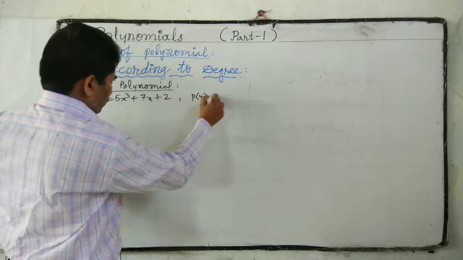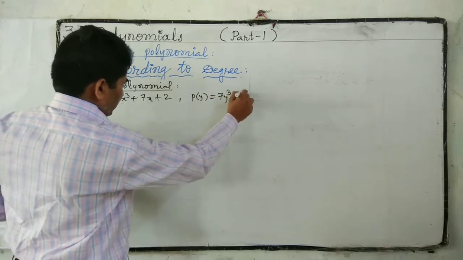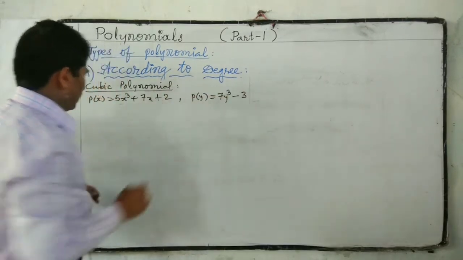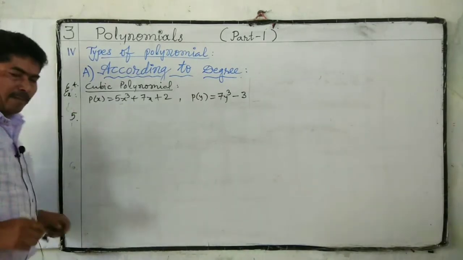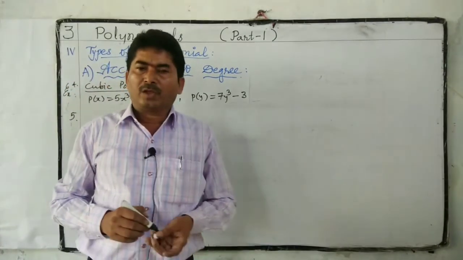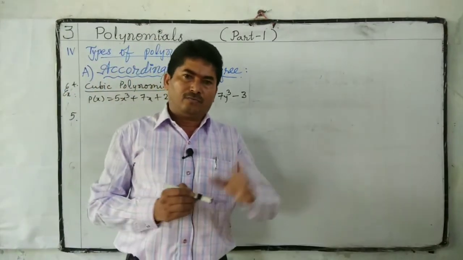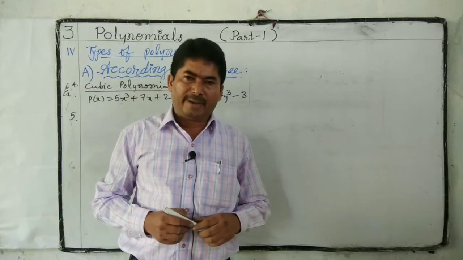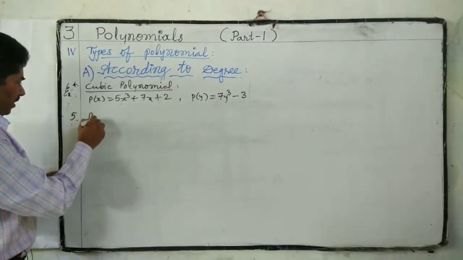P of y is equal to 7y cube minus 3. These are cubic polynomials. Next, biquadratic polynomial. A polynomial of degree 4 is called a biquadratic polynomial.